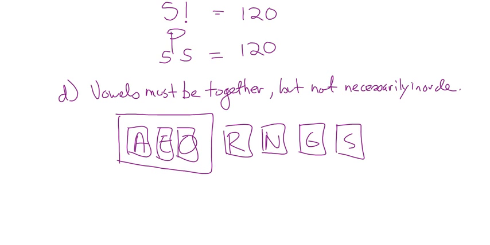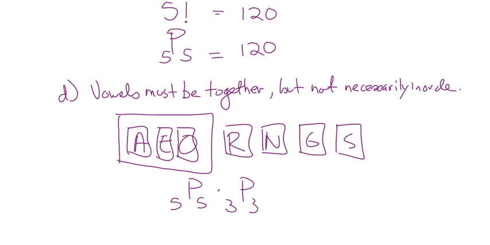Again, 1, 2, 3, 4, 5, right? I've got 5 objects to arrange. Let's stick with permutation notation. How many ways can I arrange the vowels? 6, which is 3p3, right? So we're going to go 5p5 times 3p3.